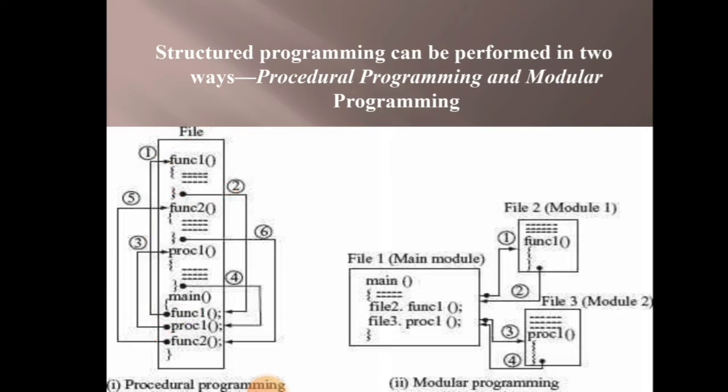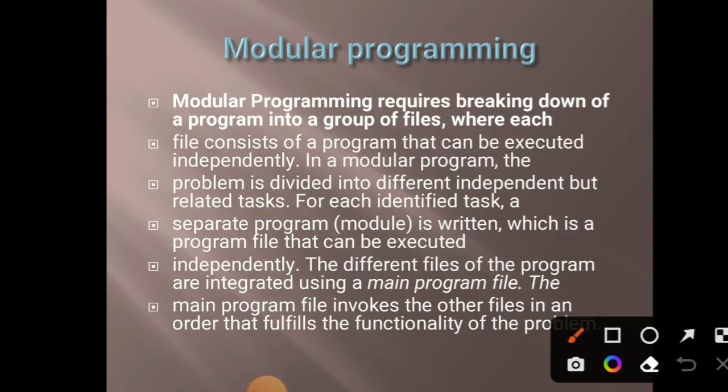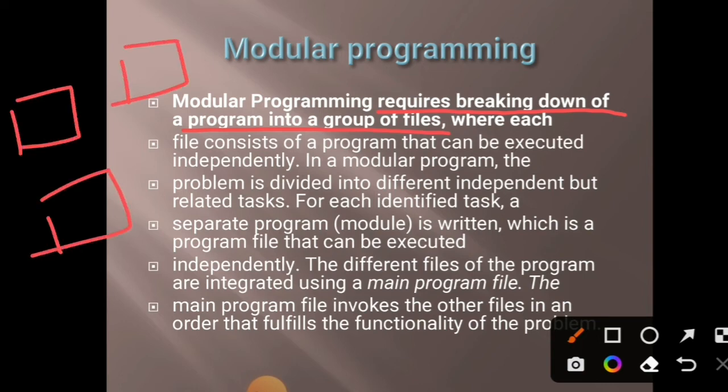Next, let's see modular programming. Modular programming requires breaking down the program into a group of files: file 1, file 2 and the main file. In this way the whole program is broken down into modules. Each file consists of a program that can be executed independently, so every module is executed independently.